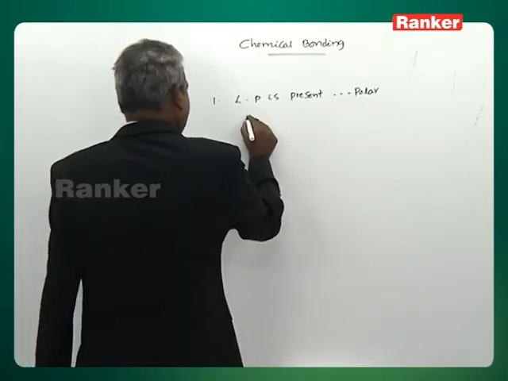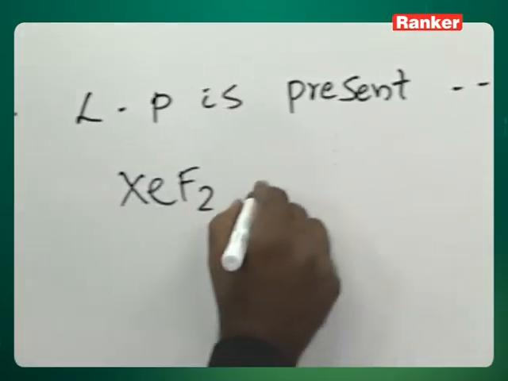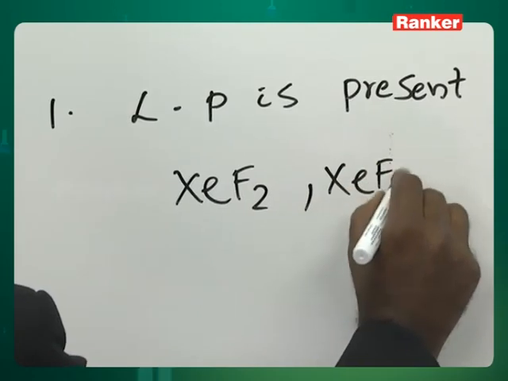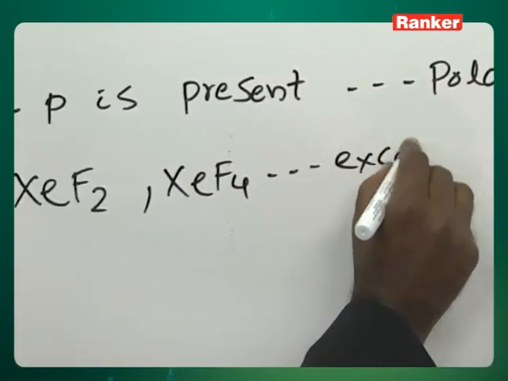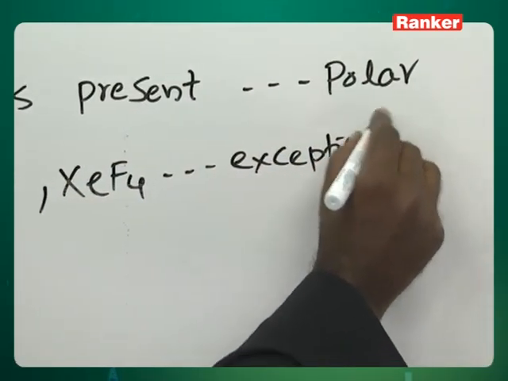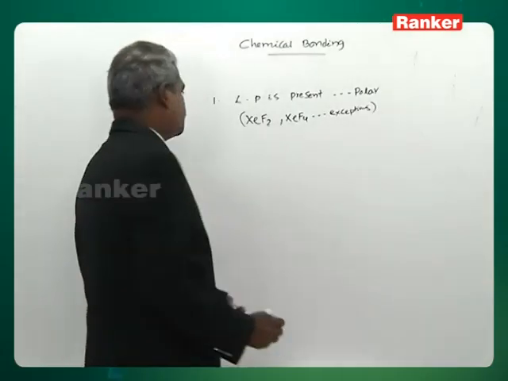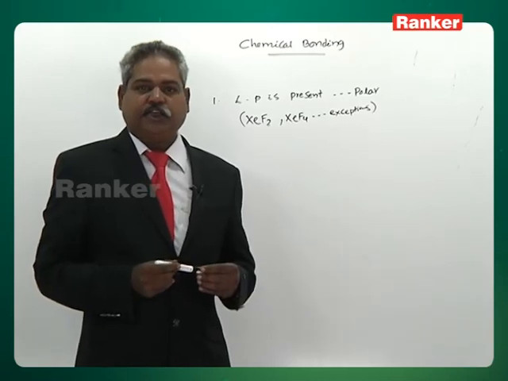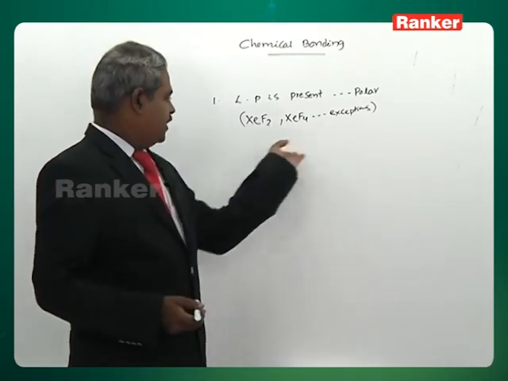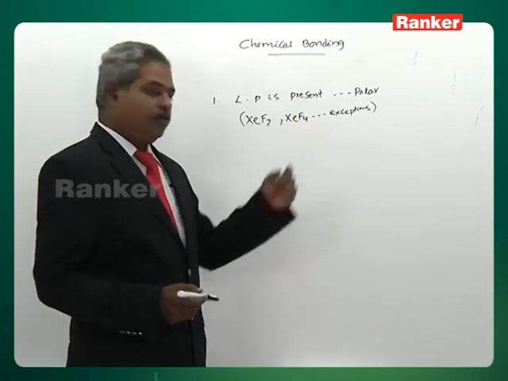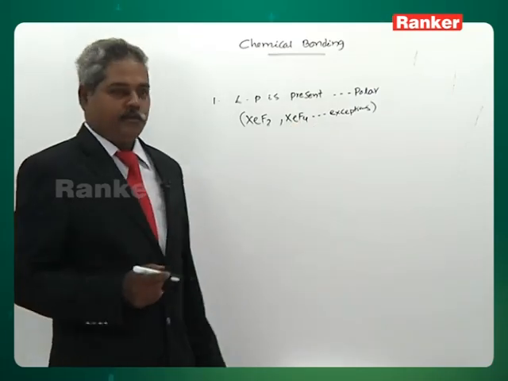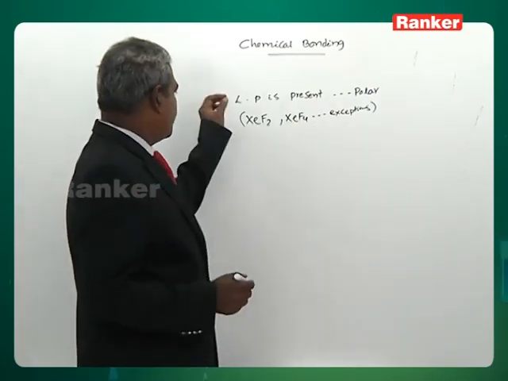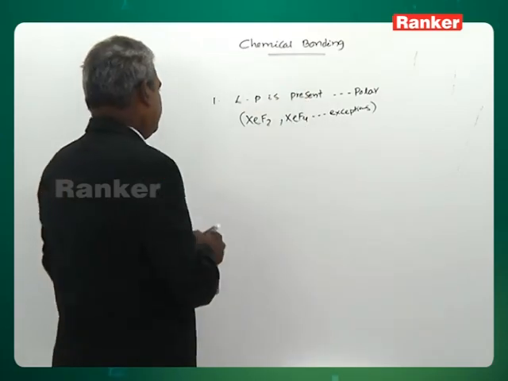Of course, XeF2 and XeF4 are exceptions. The reason being, despite the presence of lone pairs, these two molecules have a symmetric structure. XeF2 is linear and XeF4 is square planar. Therefore, except these two, if a lone pair is present, it is polar.